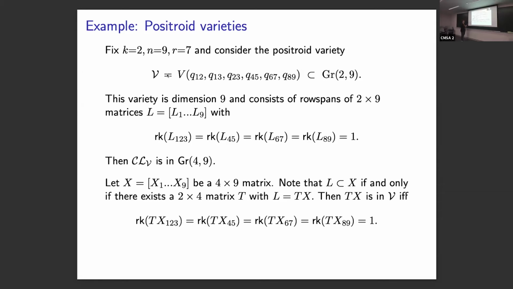Now I go back to my formula and plug in TX everywhere. And I get another formula: X is in the Chow-Lam locus if and only if there exists some T with these 4 equations.